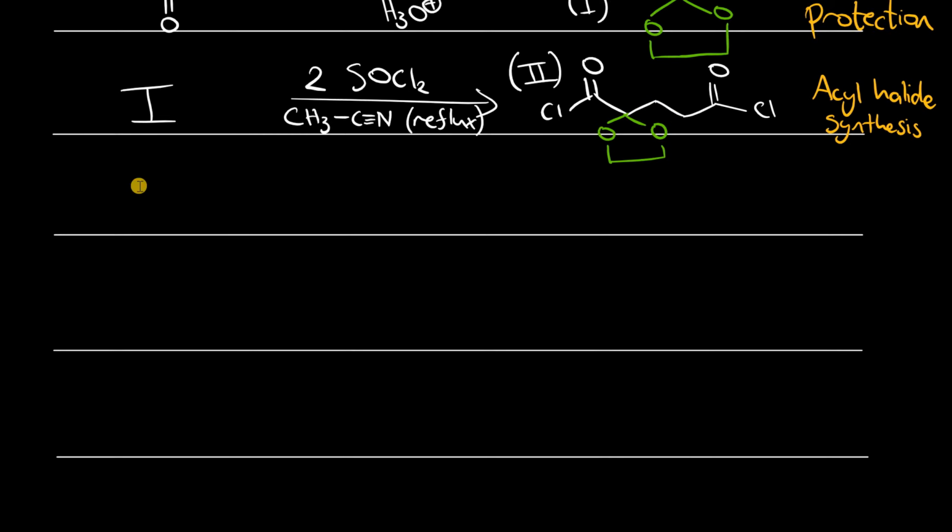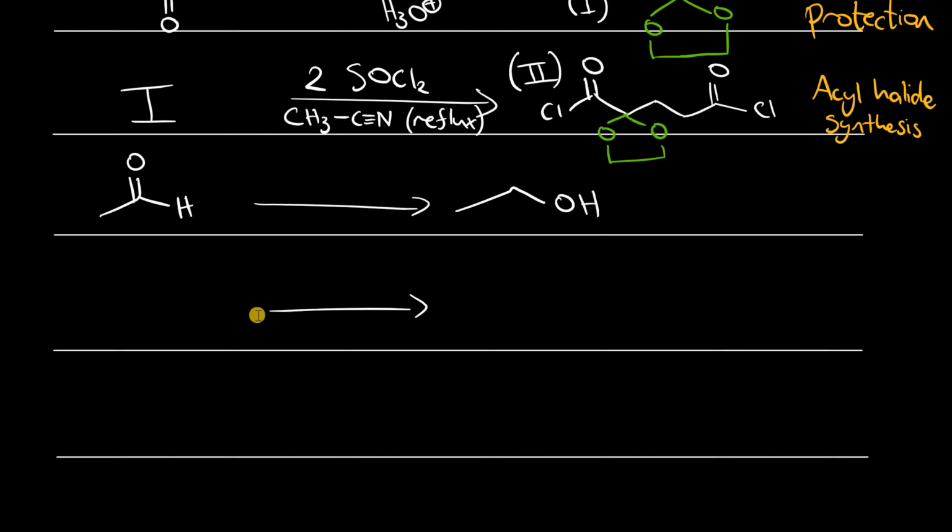So let's move on to forming the Gilman reagent, where we're using acetaldehyde. The goal is to form an alkyl halide via an alcohol. Let's say an alkyl bromide. And this alkyl bromide is then the substrate for the synthesis of a Gilman. So let's first form this.